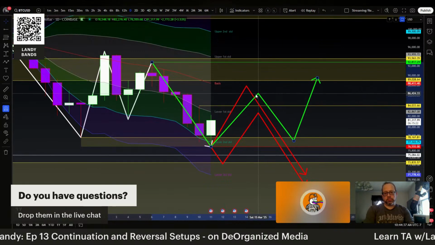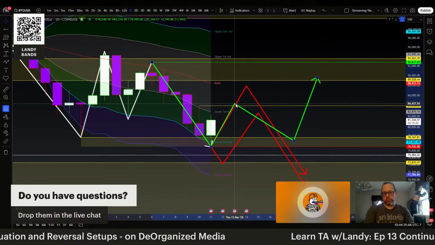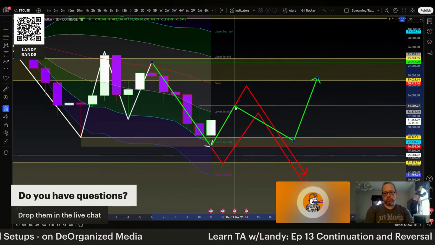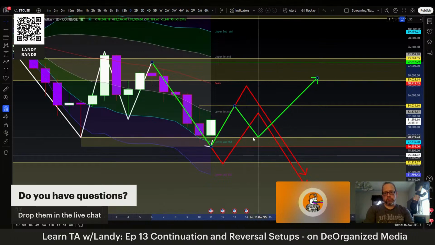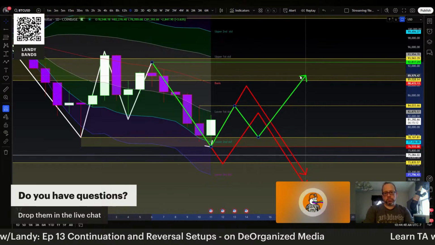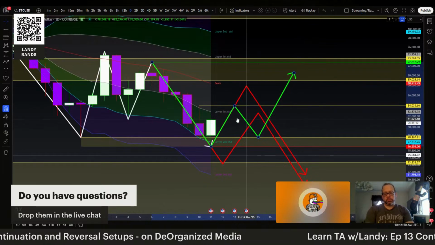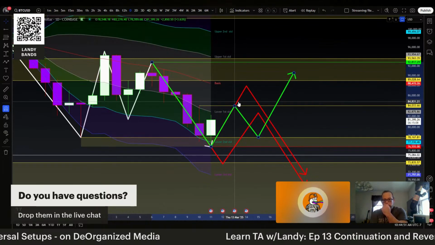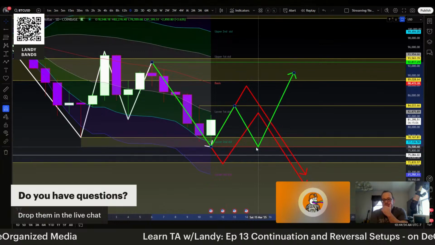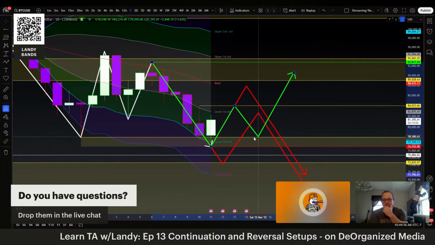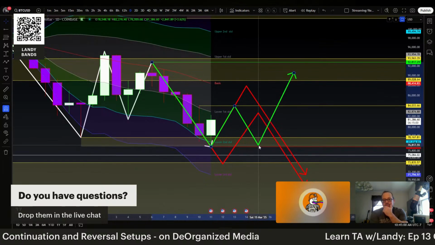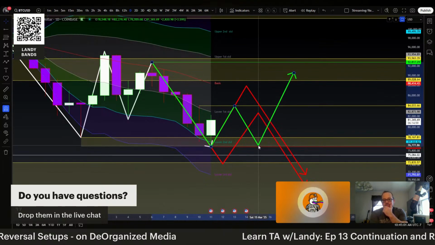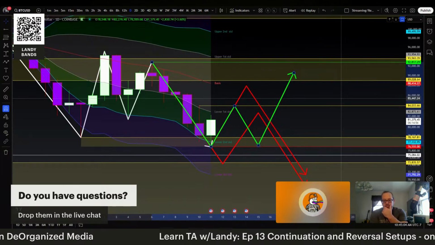So we could potentially see another lower high come in right around here and then try to higher low its way out of here, right? So we see this area hold, we get another lower high, higher low or equal low. Doesn't really matter if it's a higher low or equal low, as long as it doesn't close below. And then that's what we look for to try and take out the lower high that would be closer.